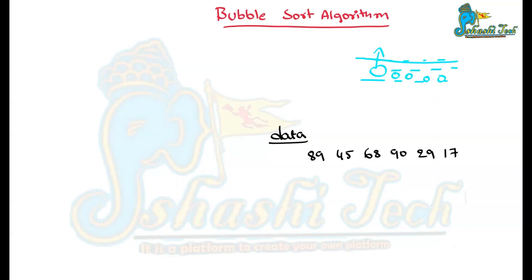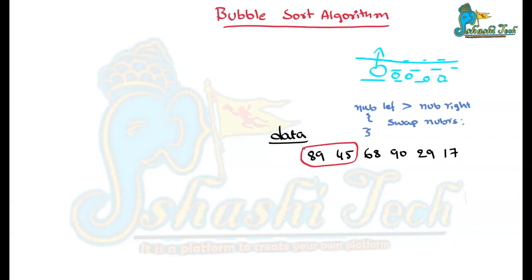The bubble sort logic says that we need to compare two adjacent numbers, particularly the first two adjacent numbers, such that the number on the left side must always be greater than the number on the right side. If this condition is true, let us swap these numbers.